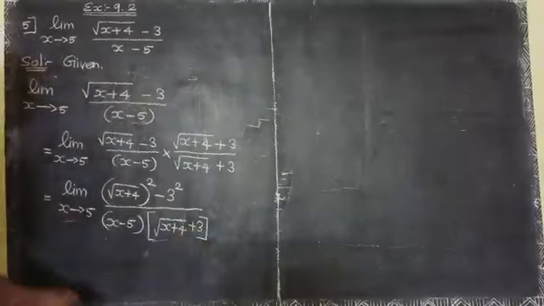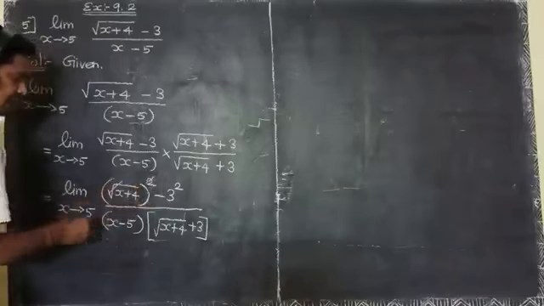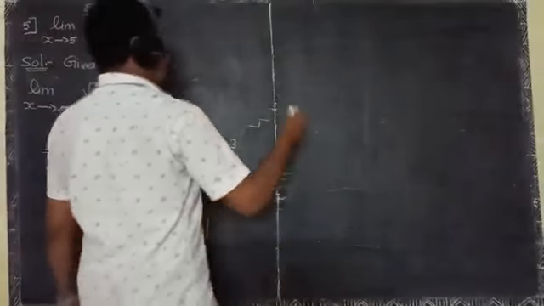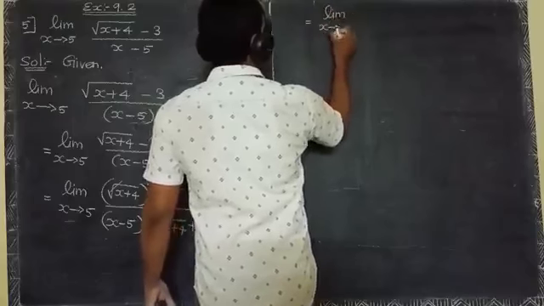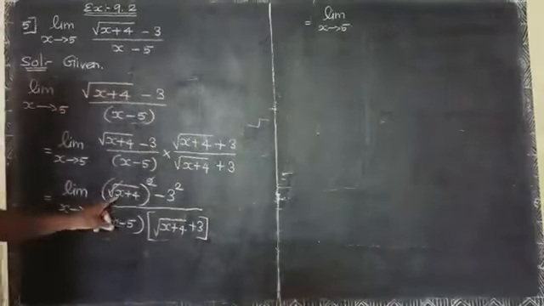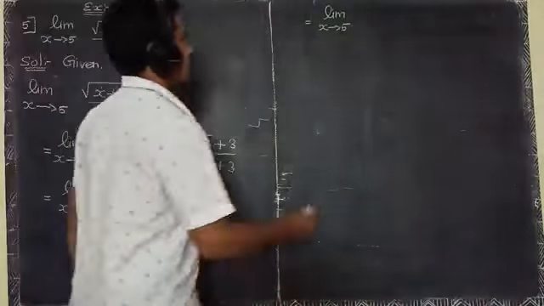In the numerator the square root is cancelled, then the remaining result is limit x approaches 5, x plus 4 minus 3 squared, which is 9.